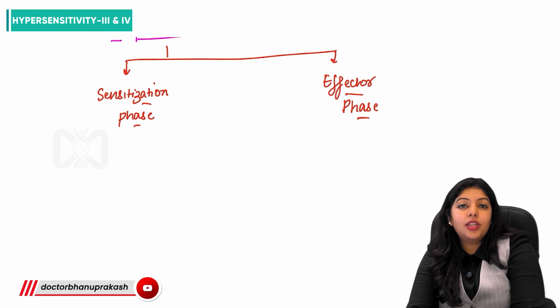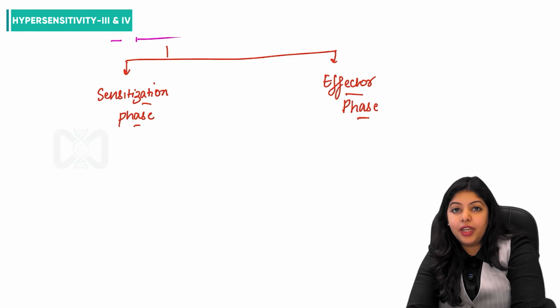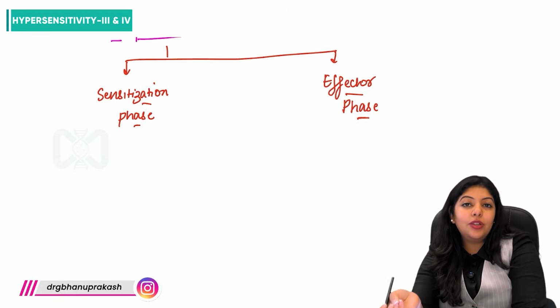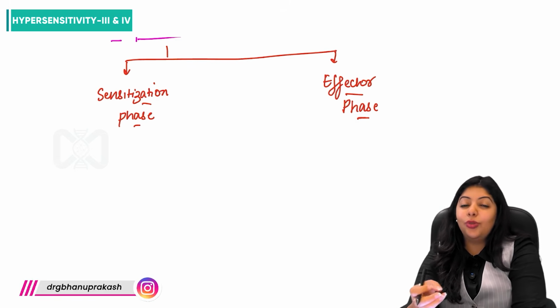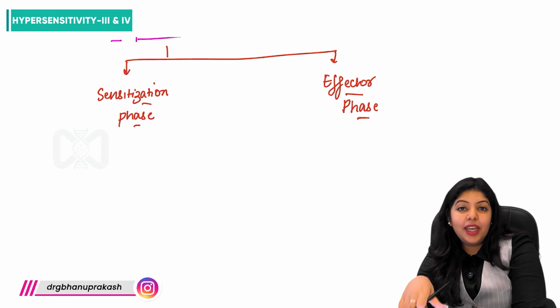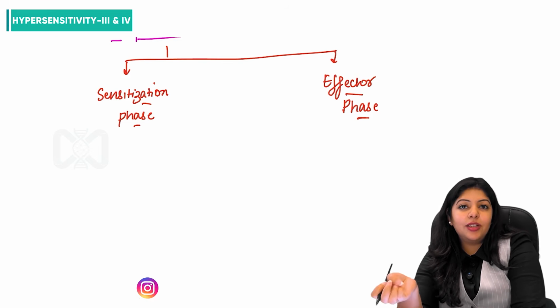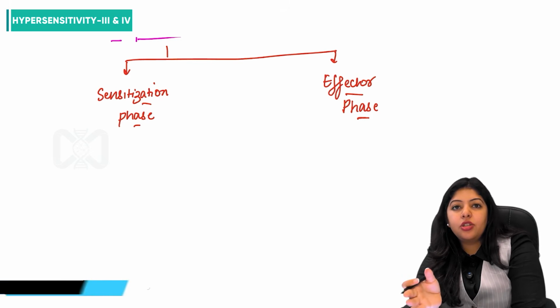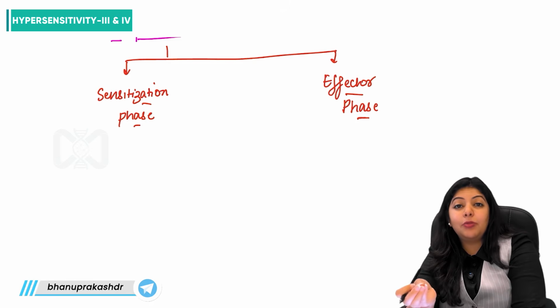It is just that a particular antigen is saying hello to our body, right? And on subsequent exposure to that particular antigen, if our body doesn't like it, it is going to lead to a lot of reactions which want to get rid of that particular antigen.